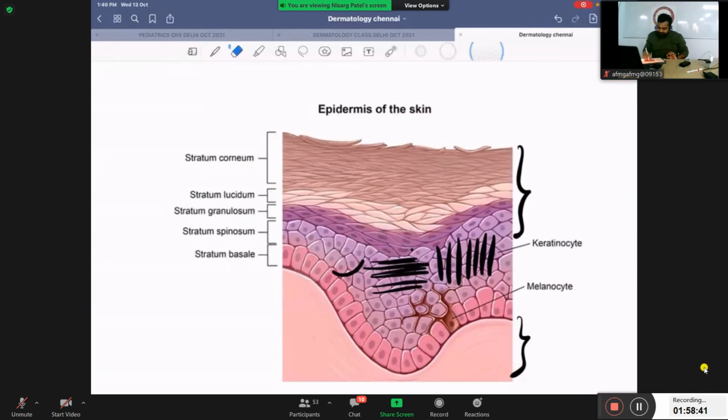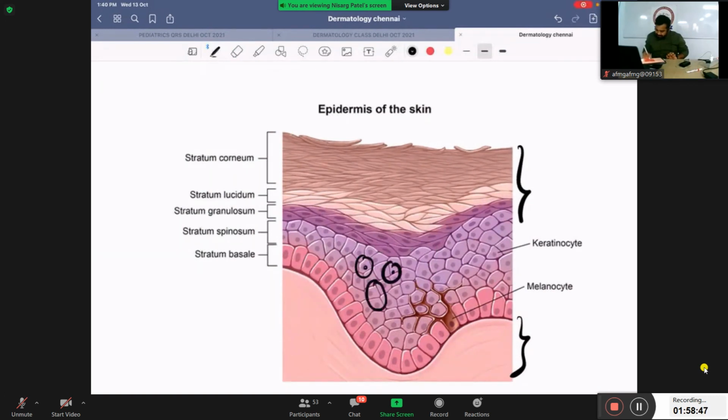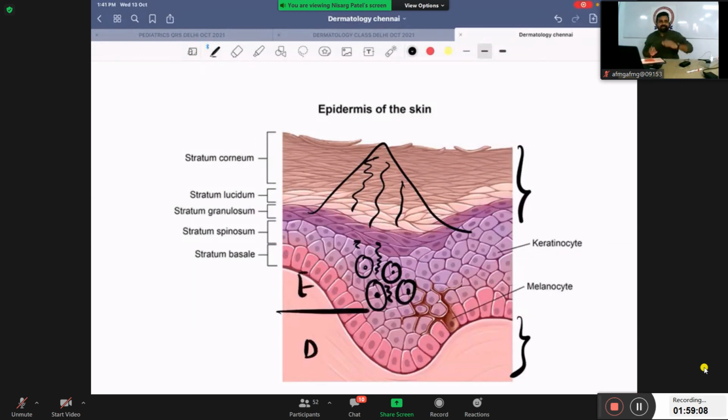I will have a round keratinocyte like this, and because these cells will get a round shape, a fluid will start accumulating here, and ultimately, collectively, I will develop a fluid-filled bulla or vesicle, right? So because of this fluid, what happened? My dermis and epidermis get separated because of this fluid.